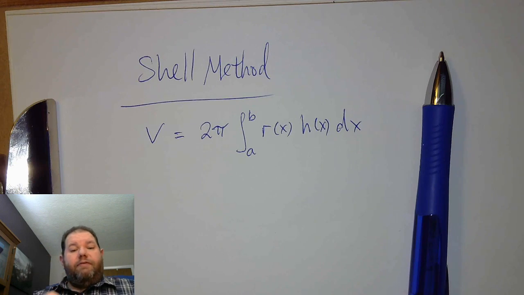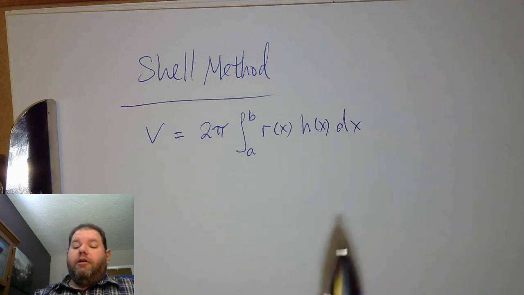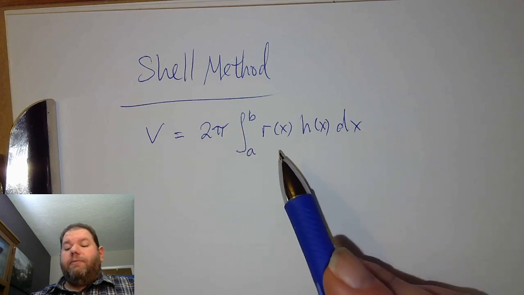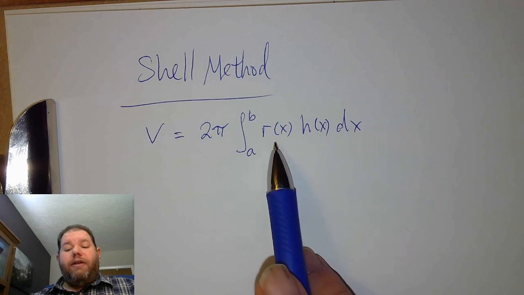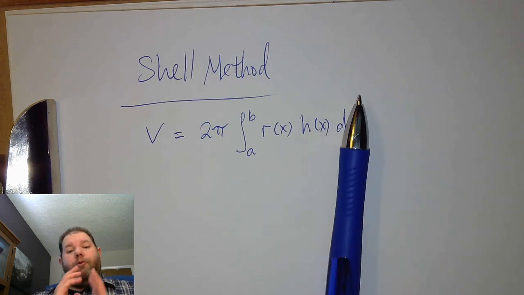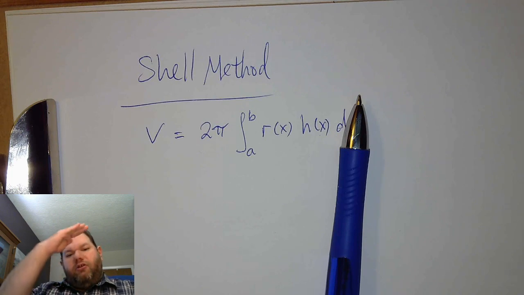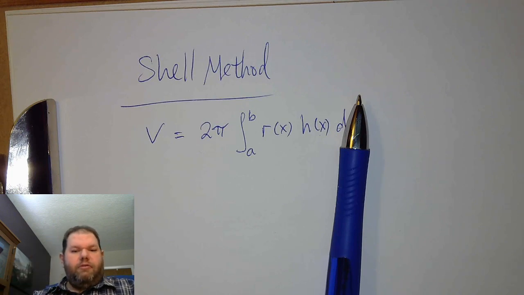And so that's the basis for our formula here, where we say 2 pi times the integral of r of x times h of x. Now our radius and our height, because we're looking at multiple shells stacked inside each other, the radius is changing from one shell to the next, and then they may have different heights depending on what function forms that top edge.